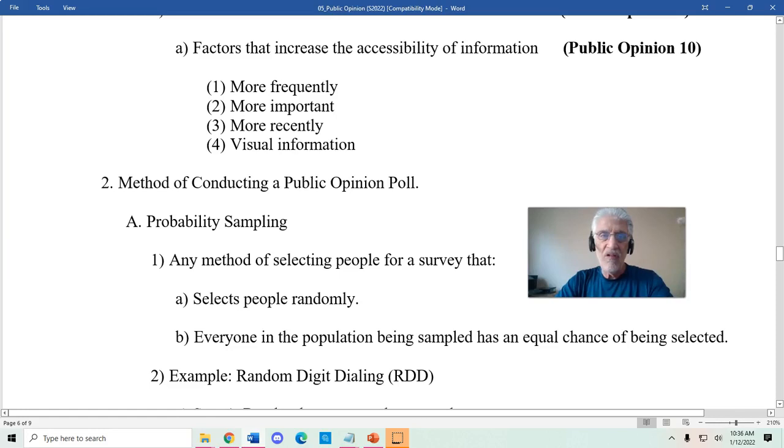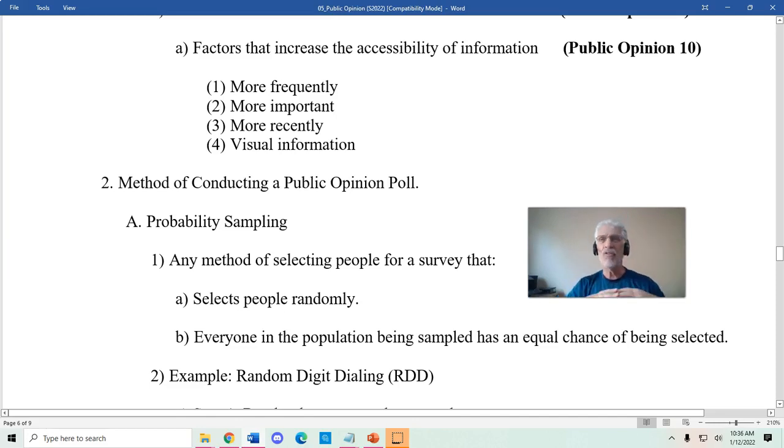Hopefully one of the things that you've picked up in my explanation of the memory-based model is the idea that what public opinion polls are really measuring is what is at the top of people's heads at the time the poll was conducted.